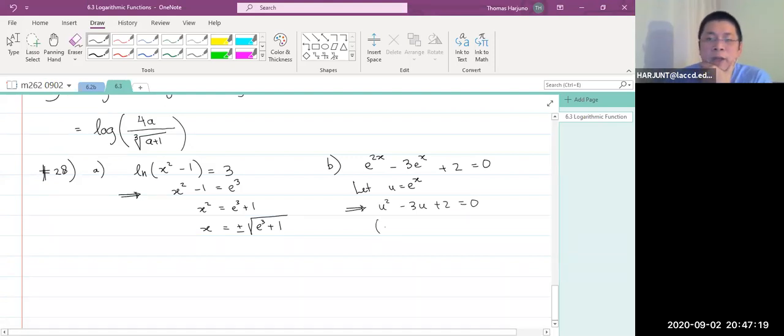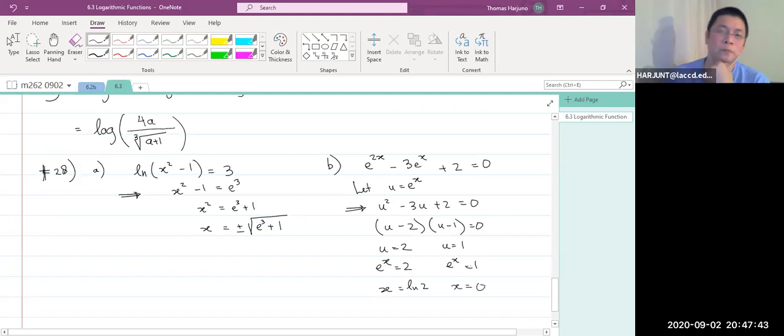And then I factor: (u minus 2)(u minus 1) equals 0. So u equals 2 or u equals 1. Change it back, e to the x equals 2. So x is natural log of 2. e to the x equals 1. So x equals, oh, just 0, right? e to the 0 is 1.